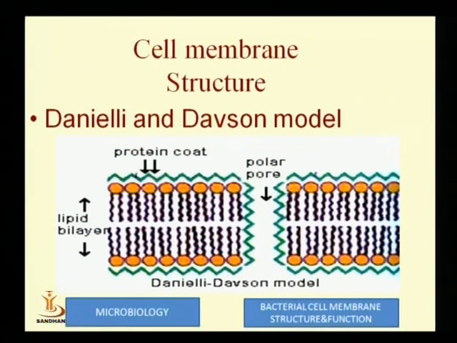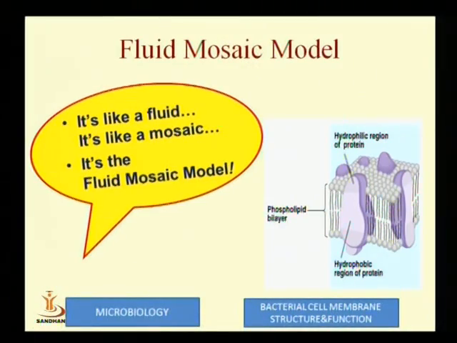But after the Daniel and Davson model, in 1972 Singer and Nicolson proposed a second model, and they said that proteins are actually integrated within the phospholipid bilayer. As we can see from the slide, proteins are integrated in the phospholipid bilayer, and this proposed model is known as the fluid mosaic model.